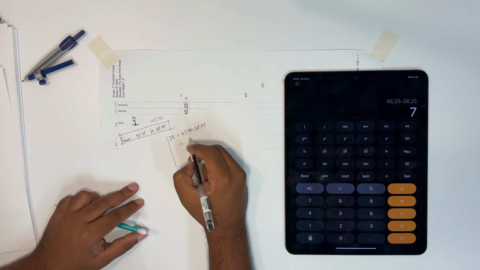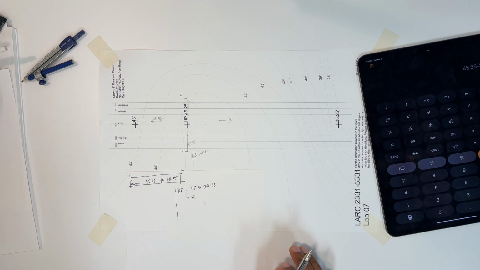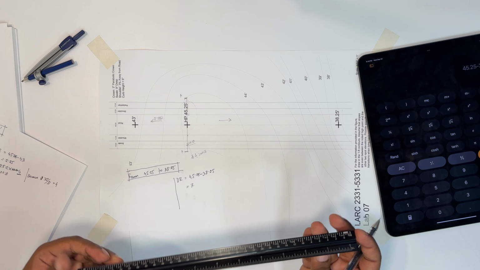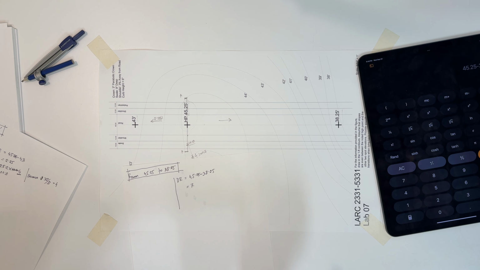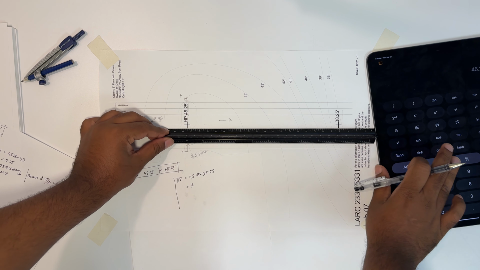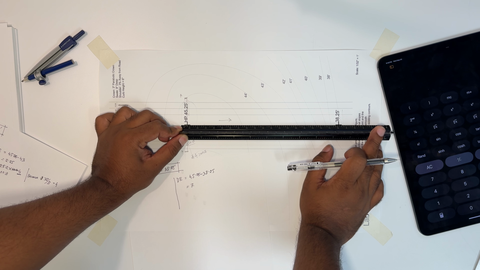It is 7. Let's try to figure out the length. So we are going to use the 1/8 scale.